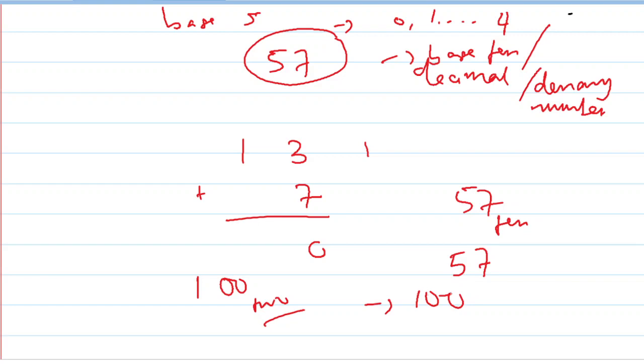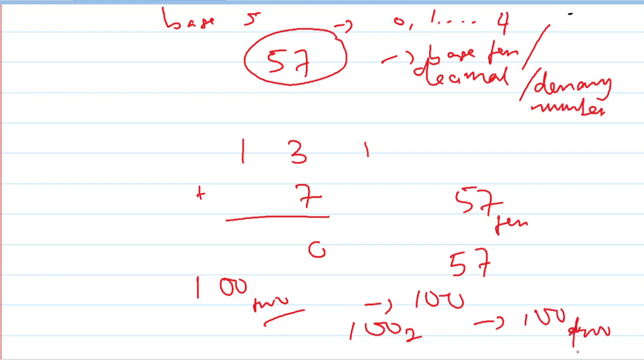Another clarification I want to make is that when you are writing a number in a particular base like this, on no account should you write the base as a digit. I used to advise my students that when they are working in base 2, for example, they must not write the 2 as a digit. It is advisable to write it in words.